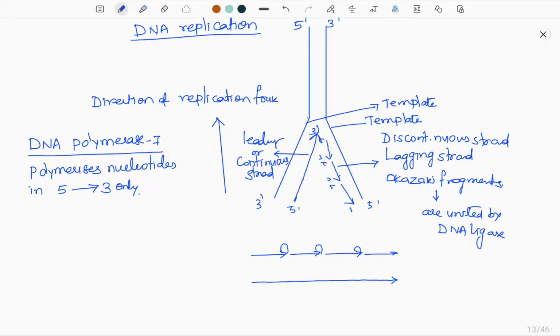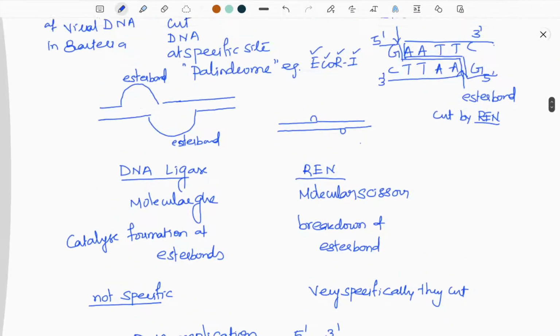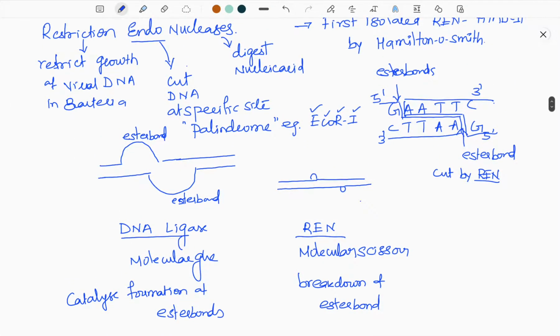And similarly, in the case of recombinant DNA technology, when the two complementary strands get separated and then get united, the sticky ends, I mean the ester bonds, are formed here and here. They readily unite with each other by the DNA ligase.